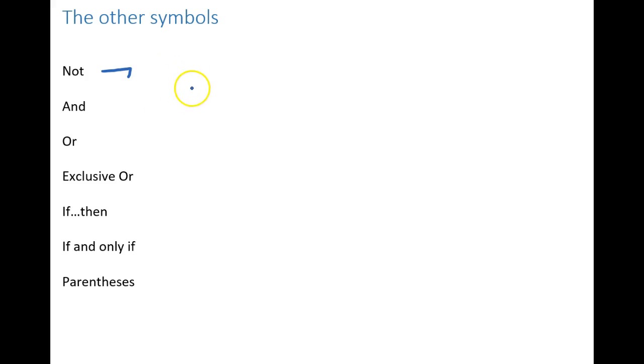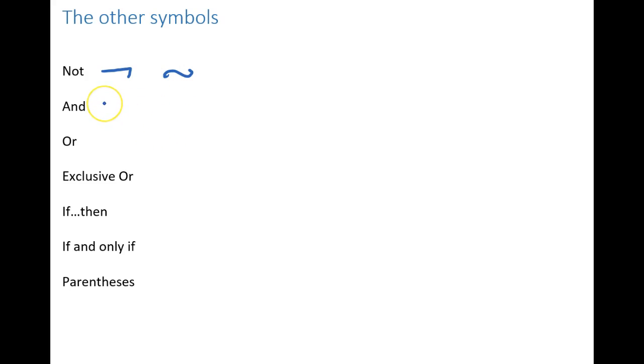This is a symbol some of you may be familiar with if you speak Spanish or if you have studied Spanish. I think it's called the tilde, and you can use it for not, for negation. Actually, some textbooks do use this symbol instead of the other one for not.